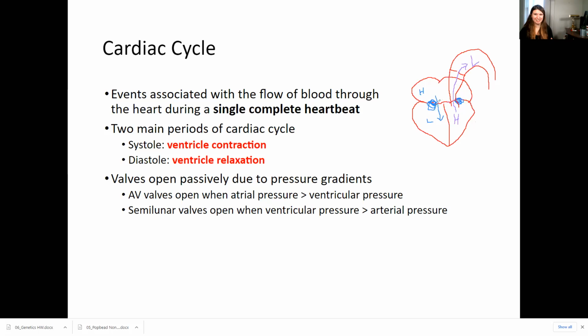So I want you to be thinking carefully about these pressures as we move through the phases of the cardiac cycle. Always moving areas of high pressure to low pressure. And when that high to low is in the right direction for the blood to flow, that's what opens valves.